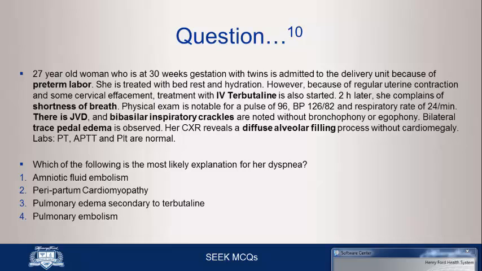There's JVD on exam, bibasilar inspiratory crackles are noted, and her X-ray shows a diffuse alveolar filling process without cardiomegaly. Her coags are normal. Which of the following is the most likely explanation of her dyspnea? Amniotic fluid embolism, peripartum cardiomyopathy, pulmonary edema secondary to terbutaline, or pulmonary embolism?